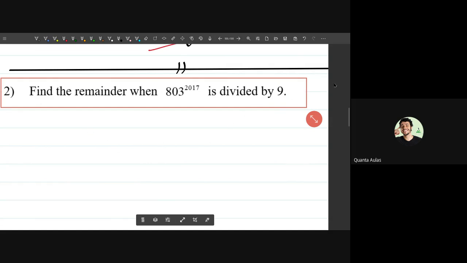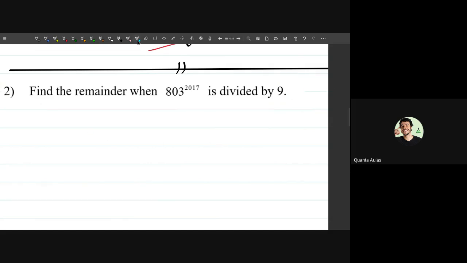Here we have an interesting situation. We have 803 with some exponent, divided by 9. The hint here is the fact that we have the division by 9.